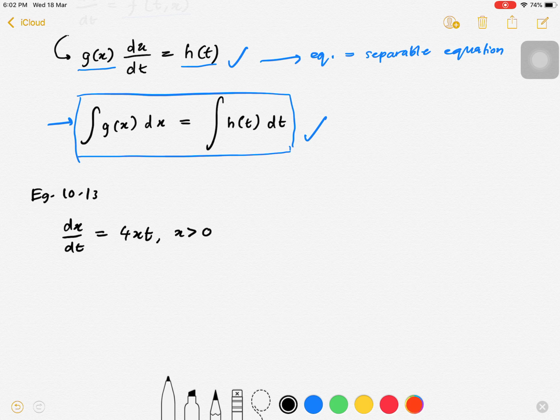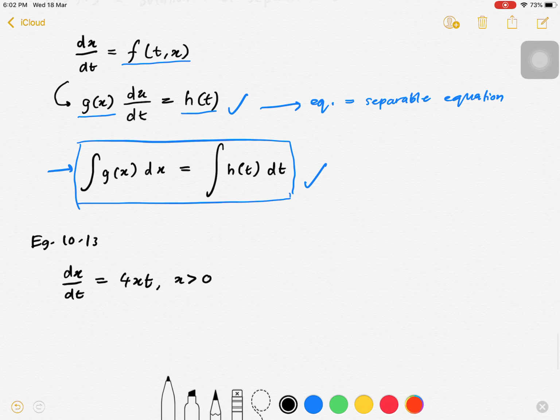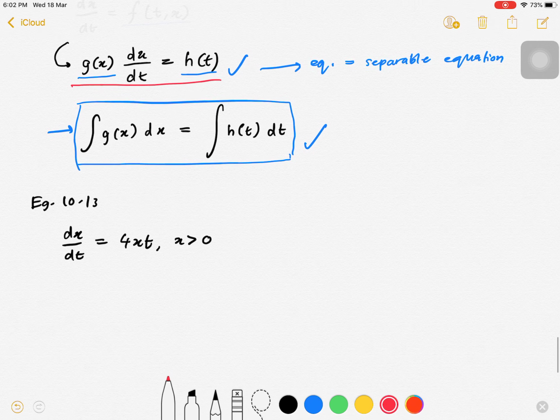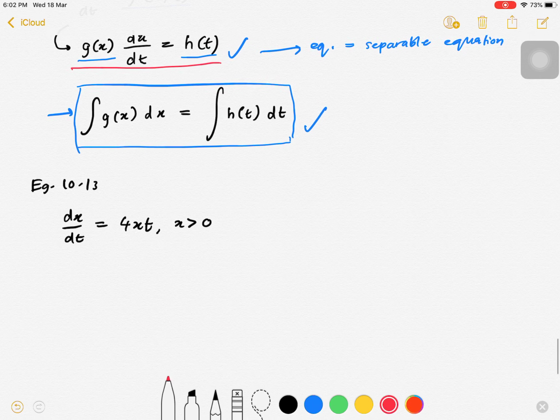So how to solve this? We can separate it and change it into that form, with g(x) and h(t).